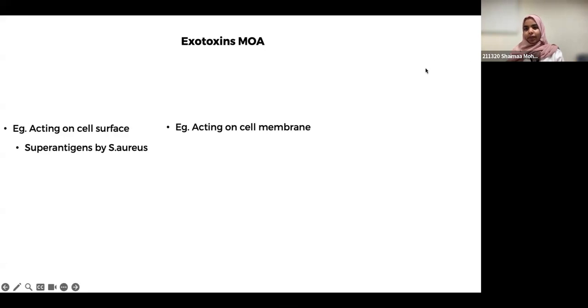Pneumolysin just breaks down the membrane. Yes. But which bacteria produce pores in the cell membrane causing lysis again?